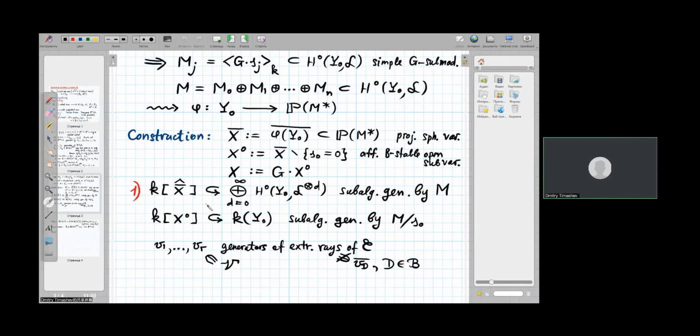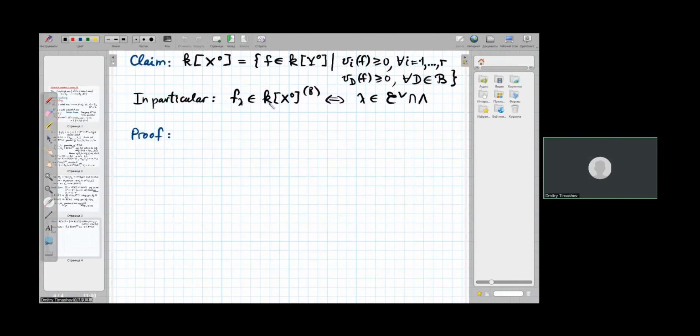The image of Y0 is inside X0 just because if you take any point on Y0, then any semi-invariant function or any semi-invariant section of the line bundle does not vanish on this Y0, because it is semi-invariant and Y0 is an open B orbit. So all semi-invariant functions, all semi-invariant sections do not vanish here.